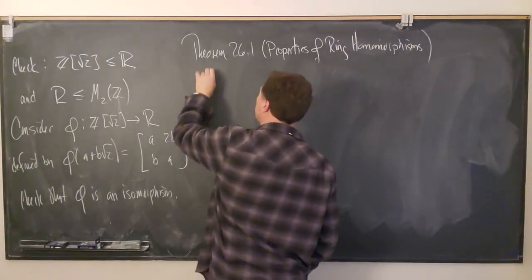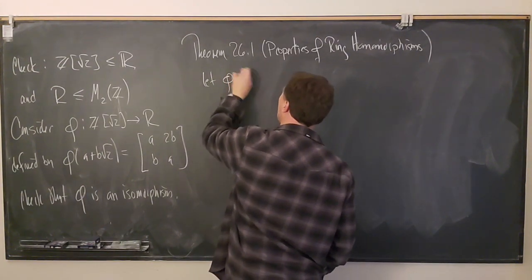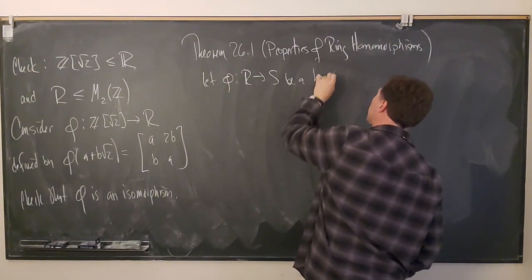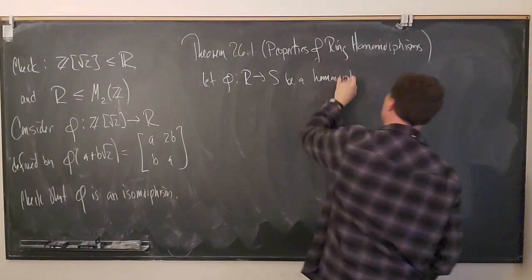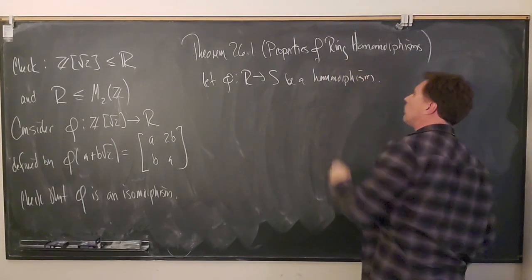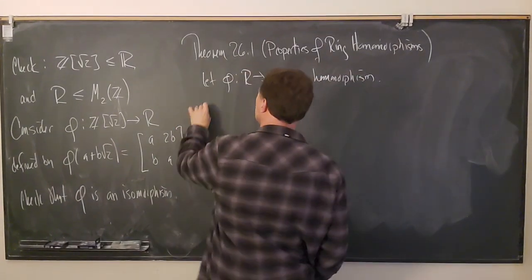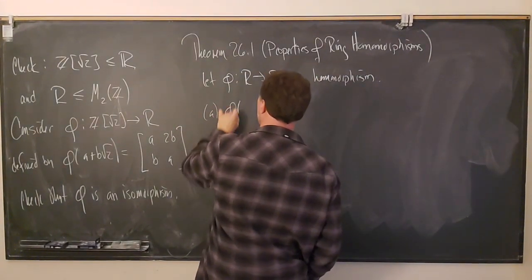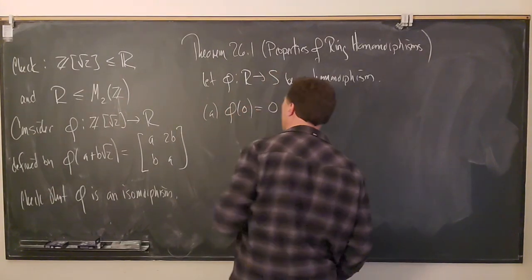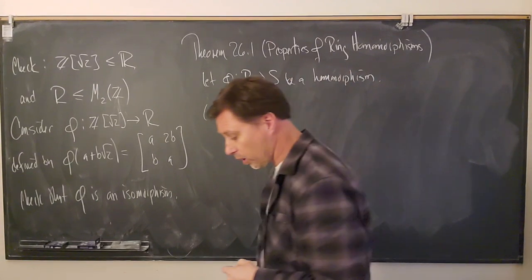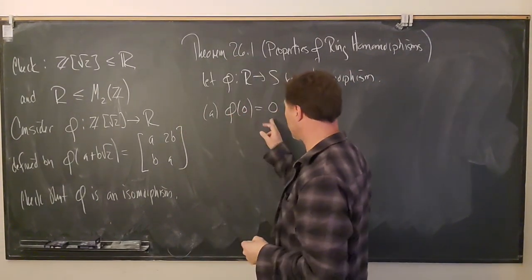Let phi from R to S be a homomorphism. If you want to insert the word ring in there, that's fine. I'm going to write a bunch of properties down, and we will prove a few of these, and leave the rest as exercises. So part A is that phi of 0 equals 0.